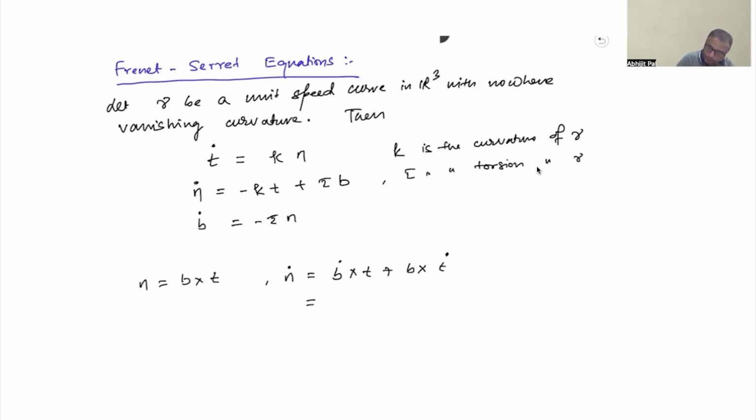And B dot, already we know, is minus tau normal vector product with the tangent vector plus B vector product with k times this unit normal vector.